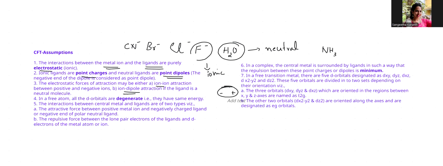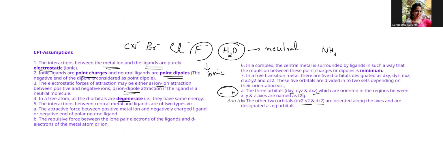So in a free atom, as I already told, all these d orbitals will be degenerate, or all of them will have the same energy. What are the d orbitals? dxy, dyz, and dzx, as well as dx square minus y square and dz square. All these will have the same energy.